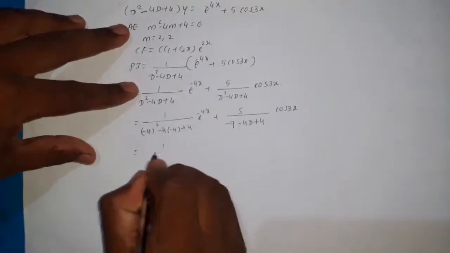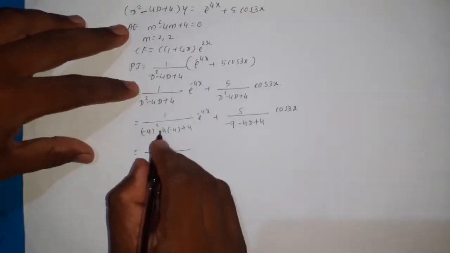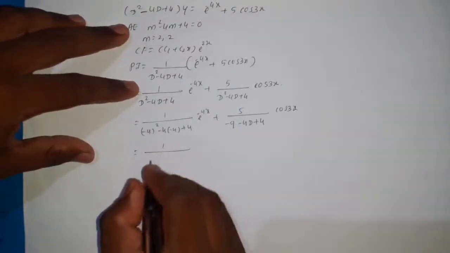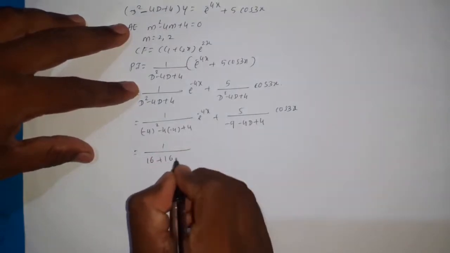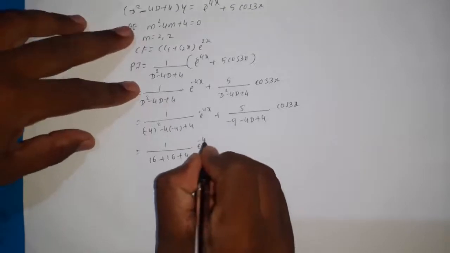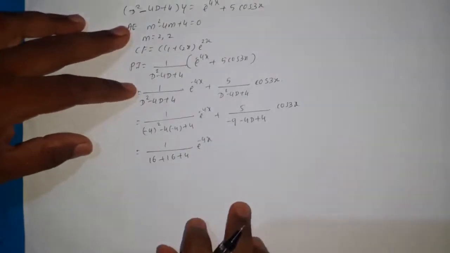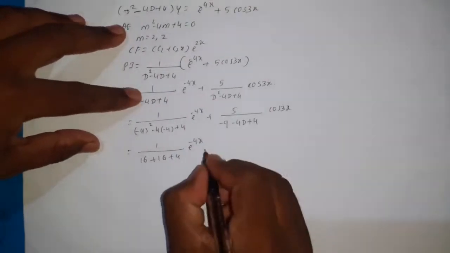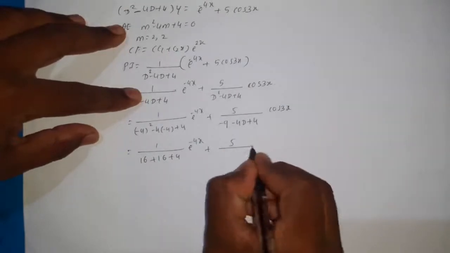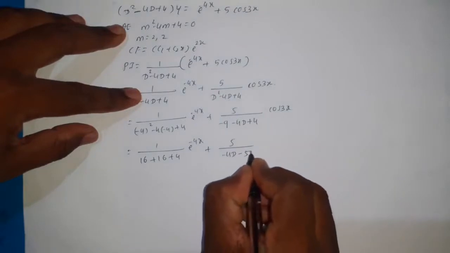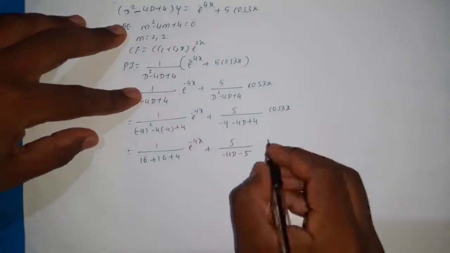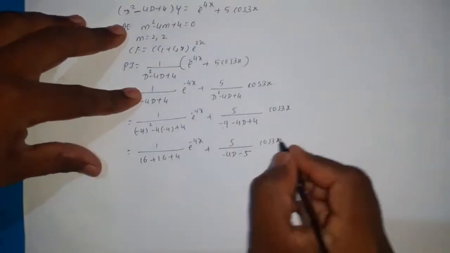Then it is equal to 1 divided by 4 square, that becomes 16, minus into minus becomes plus, 16 plus 4 e power minus 4x plus 5 divided by minus 4D minus 5, because minus 9 plus 4 into cos 3x.